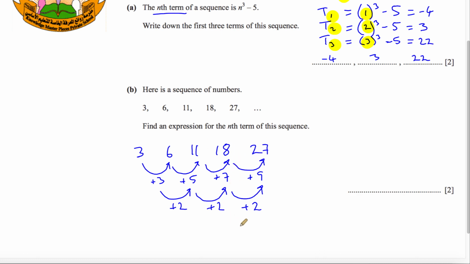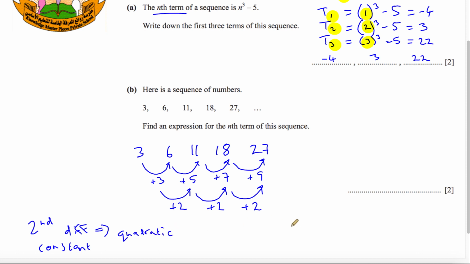And a quadratic sequence will have n squared involved. Okay? So the second difference constant implies quadratic.